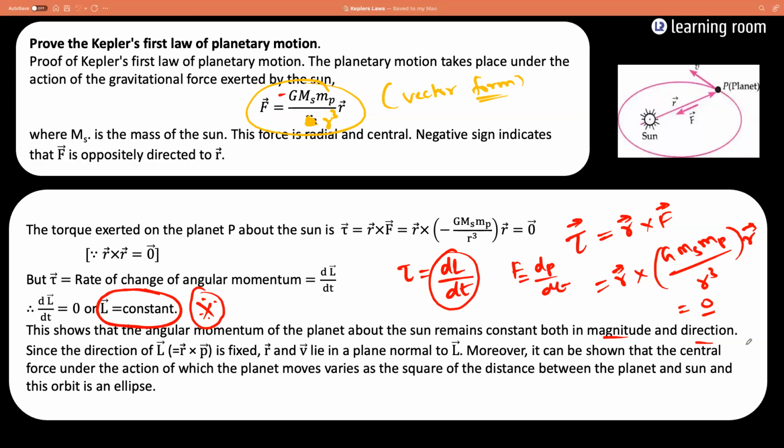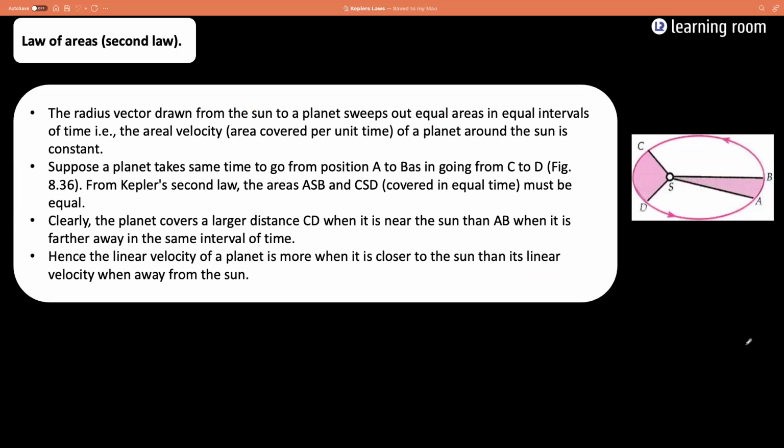That is called the law of areas. It is called the second law. The second law of Kepler is also called the law of areas. So it states something like this.